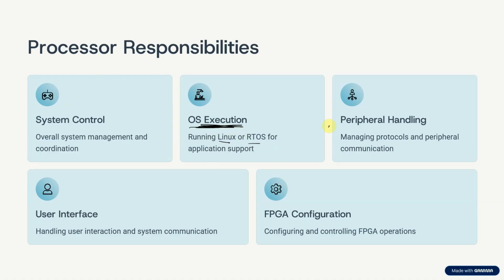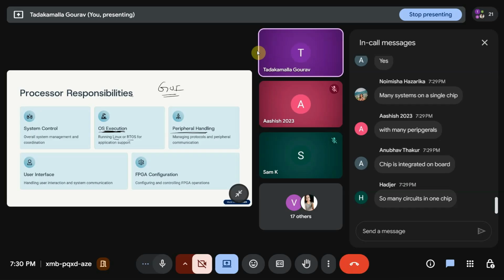And if you want to handle all your peripherals, normally in most of the SoCs, if you are going to the Zynq based SoCs, your processor is going to handle all these peripherals. And if you want to run a GUI, what is GUI? Anyone knows?